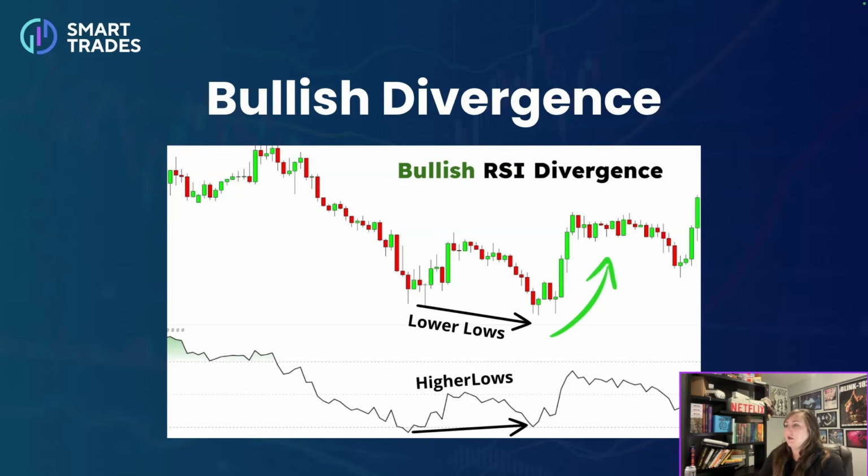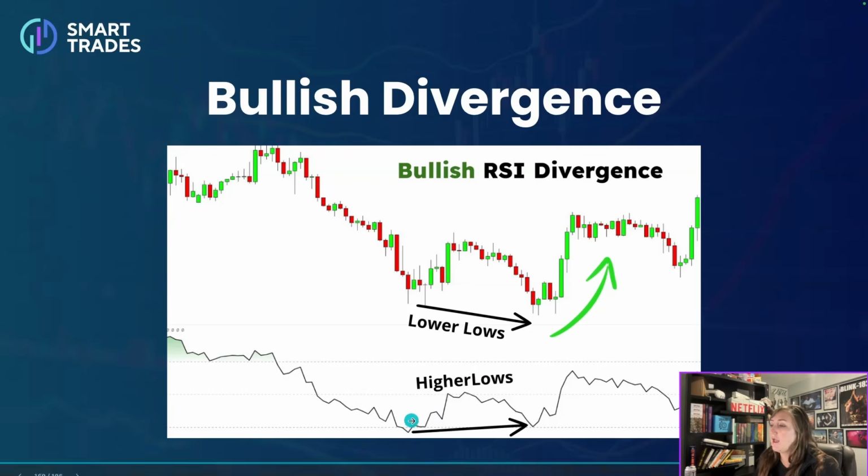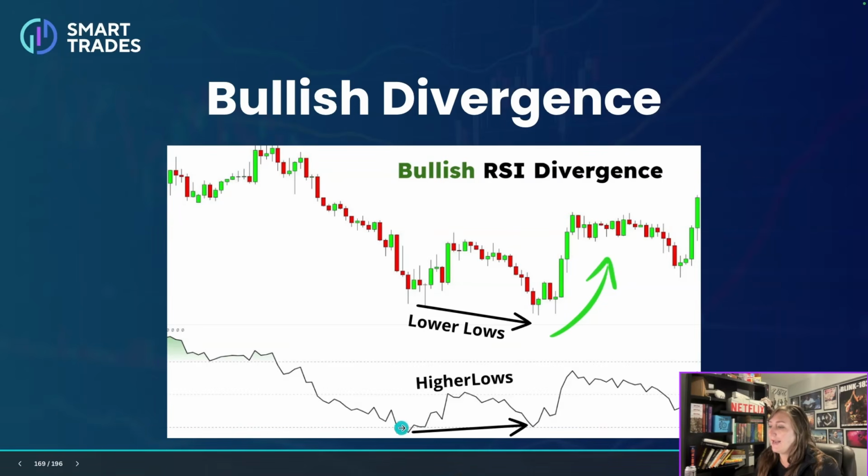So here, you'll see a bullish RSI divergence. This means our chart is making lower lows, and maybe we have a higher low coming up on the RSI. So they are going in opposite directions, creating this divergence.